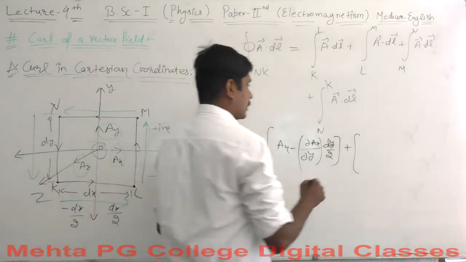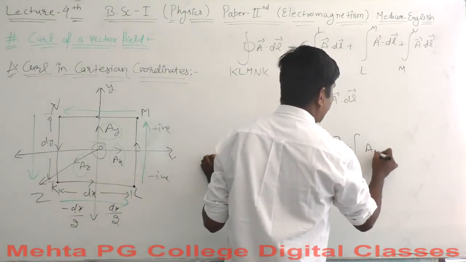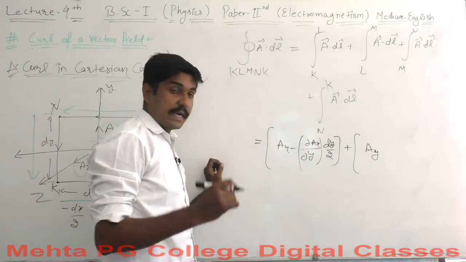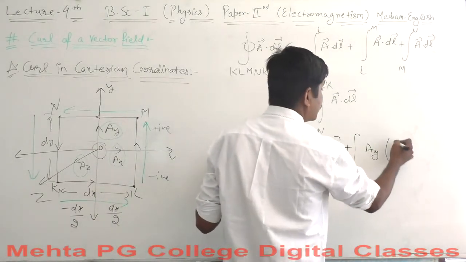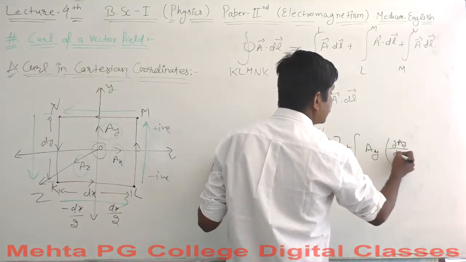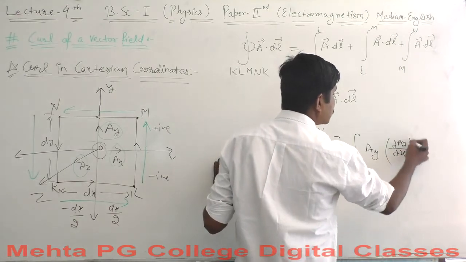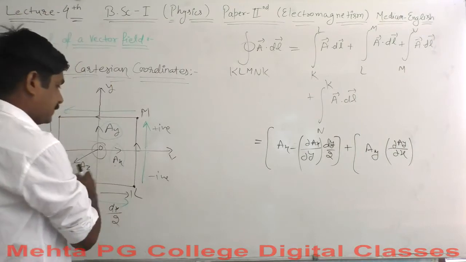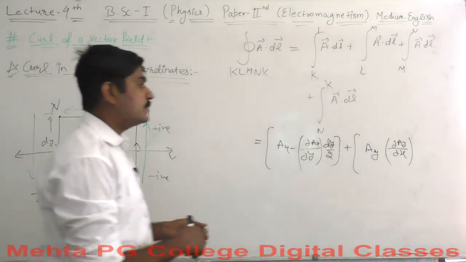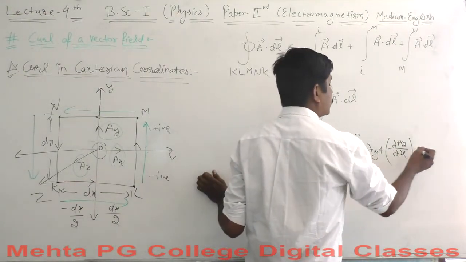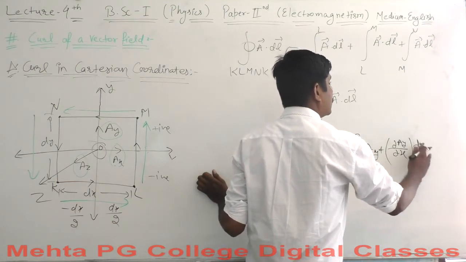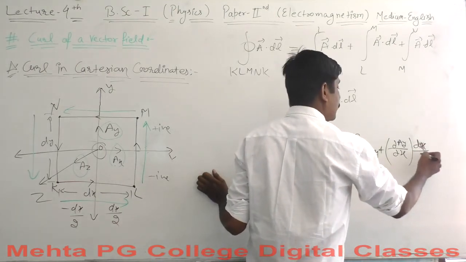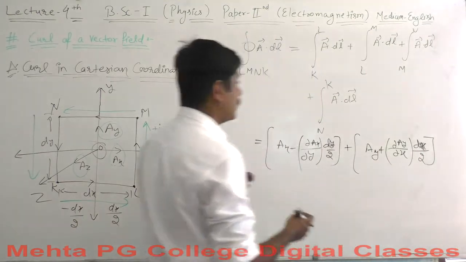What was the quantity? The quantity was Ay. This was the vector field component Ay, changing with respect to x, curly Ay over curly x. The distance from origin was plus dx by 2. Okay, so you can write down the point here: plus dx by 2.